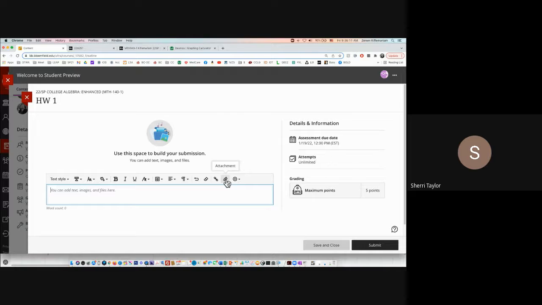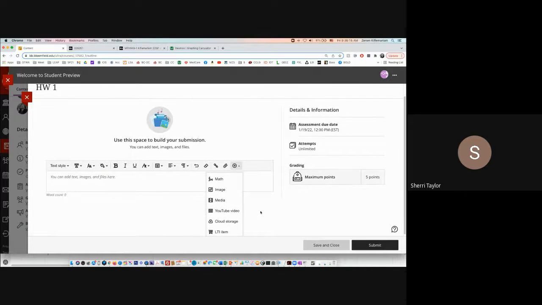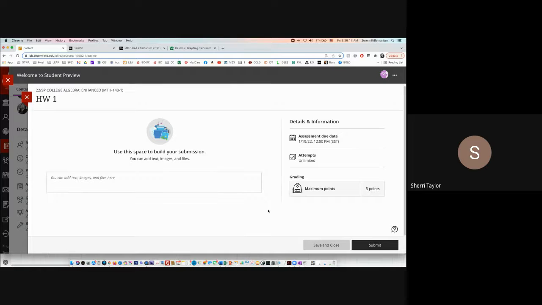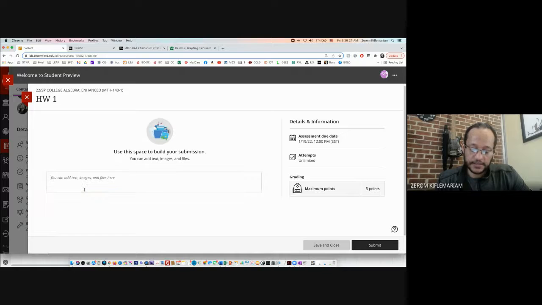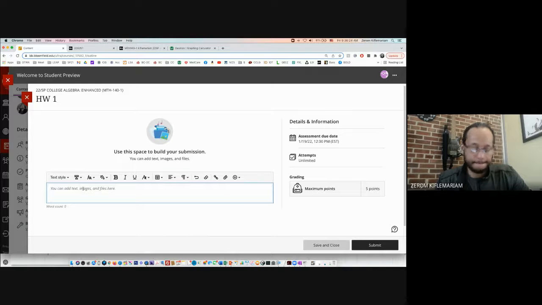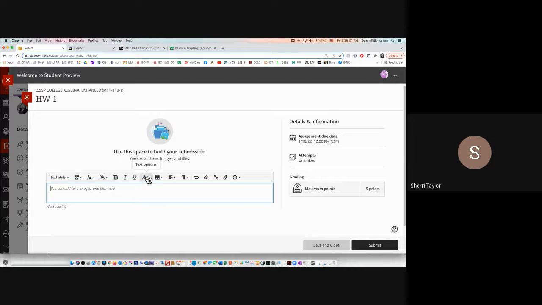Right now it just says, use the space to build your submission, and then it says you can add images here. If you click on that text, hold on, let me see. Once you start to write, these options should show up. Okay, there it is.